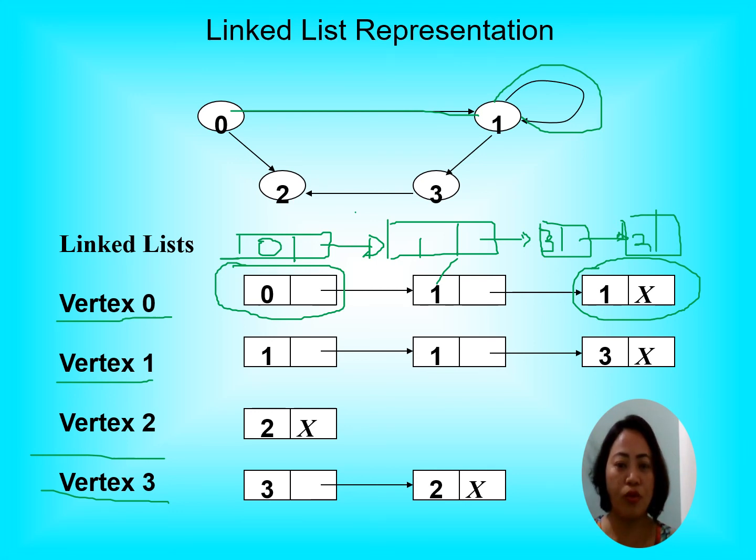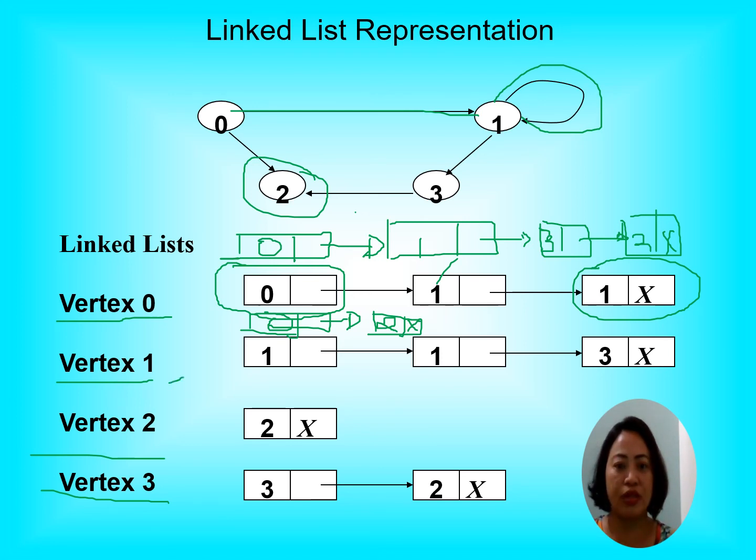And then from 2, it has no edge going towards anywhere. So that would be the end of this vertex. Or it could have a loop after 0 to 1, another 1, another 1, then 3, then 2. So it could have that way. Or another one is from vertex 0 going towards vertex 2. And that's it.